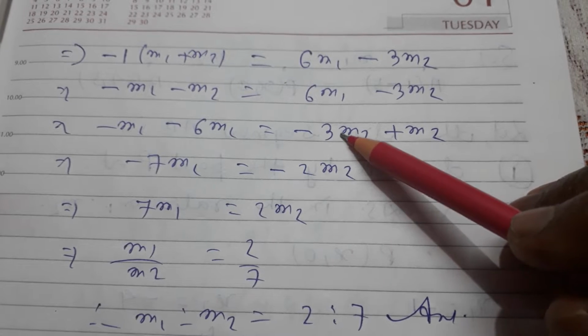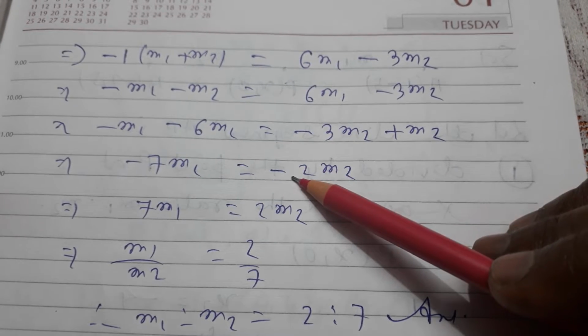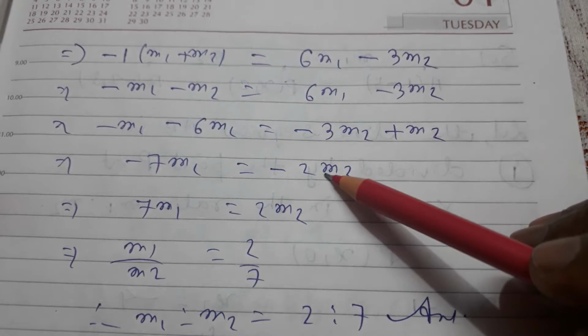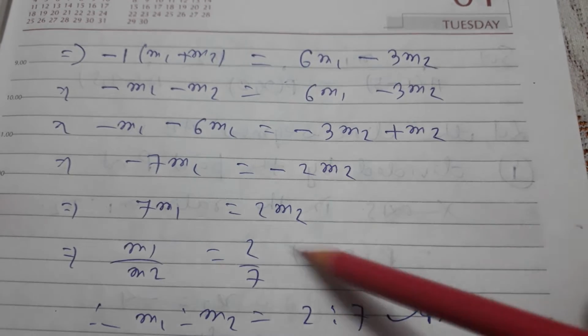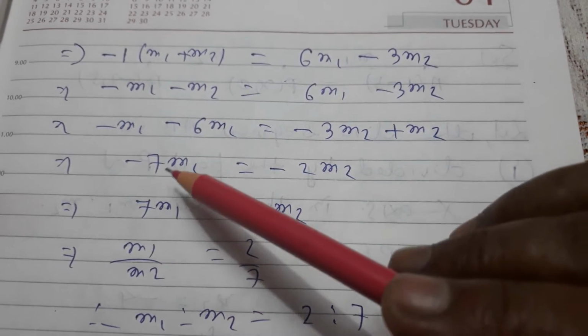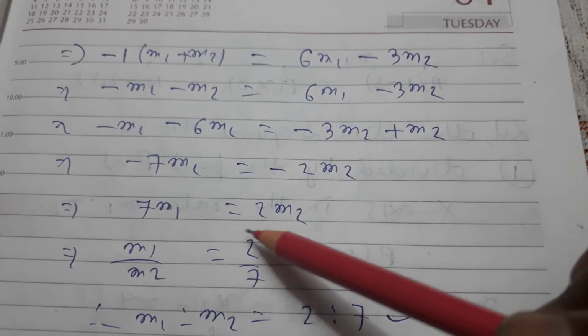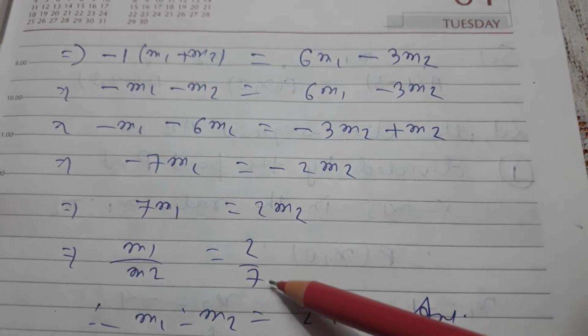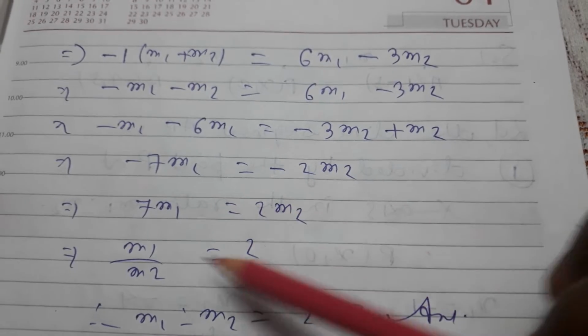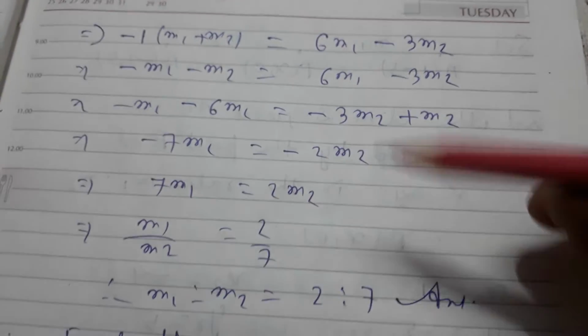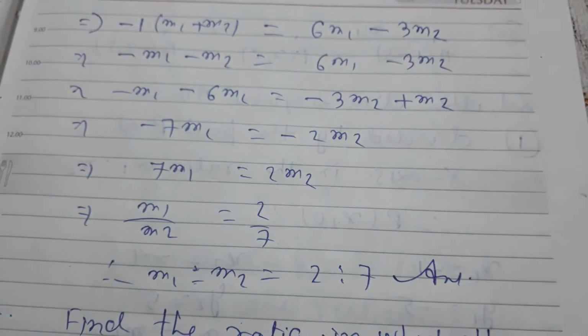And here 3 is greater and before 3 there is minus sign. So I have done subtraction here. Minus minus cancel. Now 7m1 equal to 2m2. So m1 by m2 equal to 2 by 7 by cross multiplication. So m1 ratio m2 equal to 2 ratio 7.